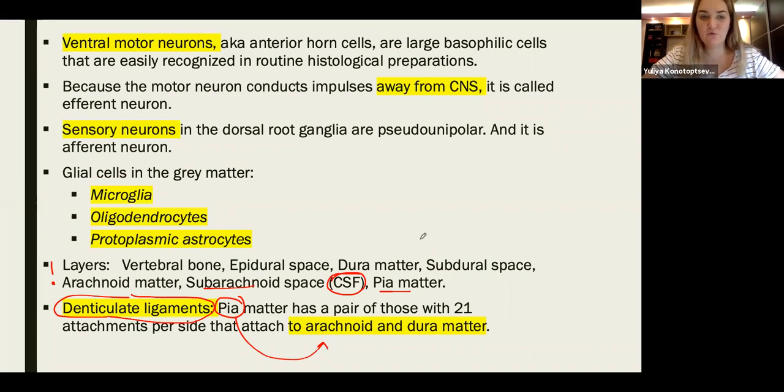Yes, so if you draw it in the brain it's just dura, arachnoid, and pia. That's it. But if you draw the same idea in the spinal cord, there's dura, there's arachnoid, there's pia, but pia has a triangular connection to the arachnoid. And this triangular connection is called denticulate ligament.